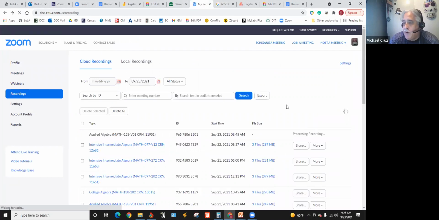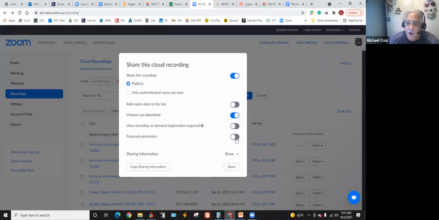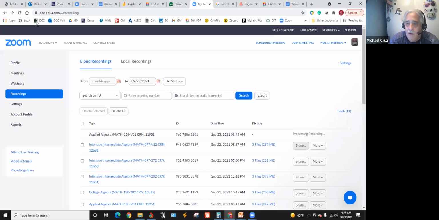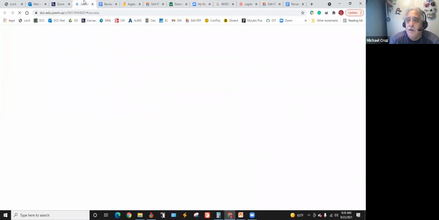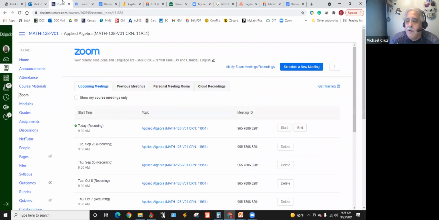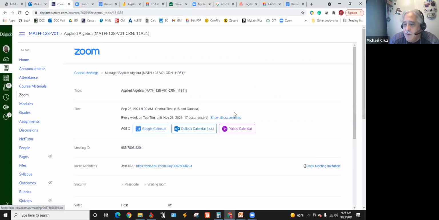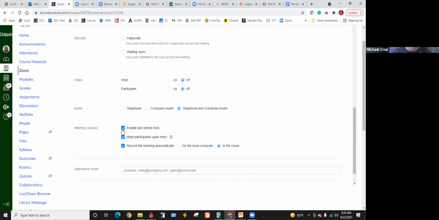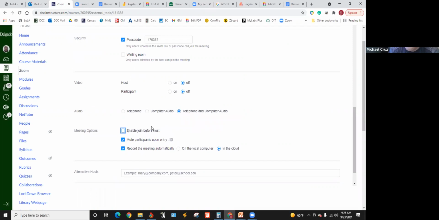Maybe there's something I don't quite understand, but when you share it, I can turn off the password protection, so when I share it, I always do that. The password is not anything I put on it, so if there's a password, it's doing it on its own. I don't know why yours isn't in there. Sometimes it lets me through, sometimes it asks for a password and I can't get into it. But let me just see.